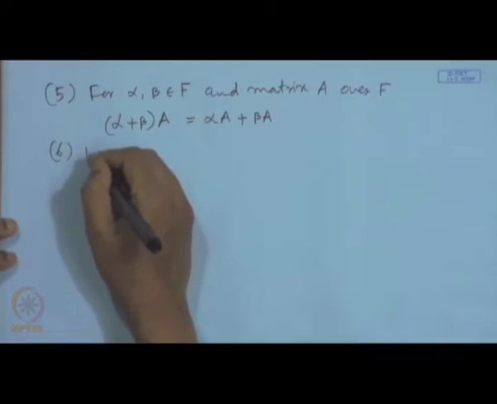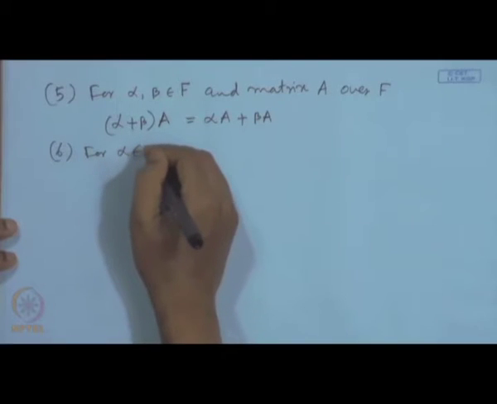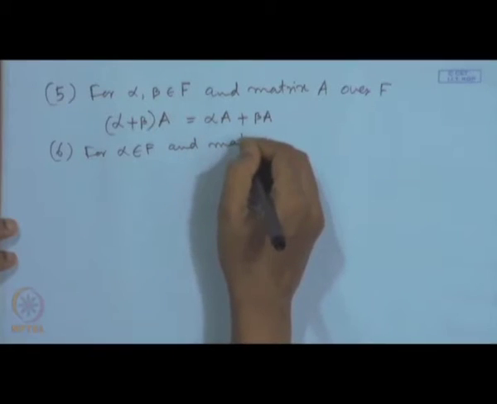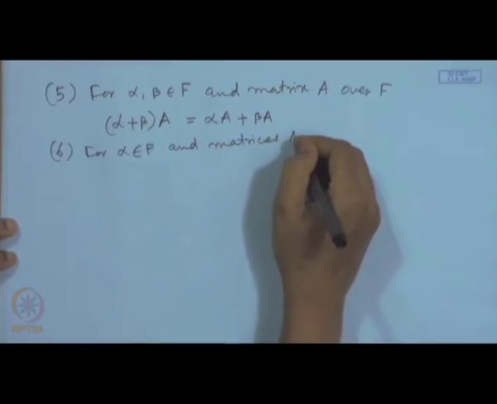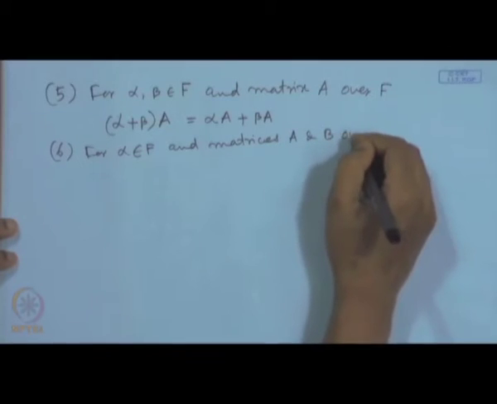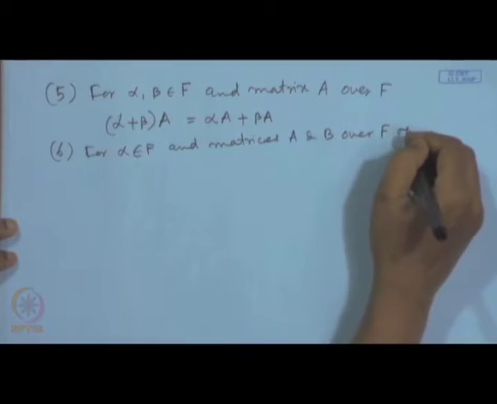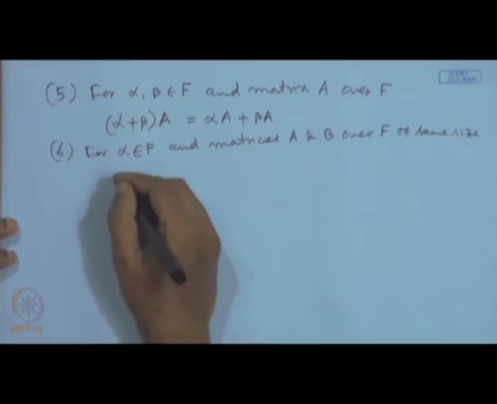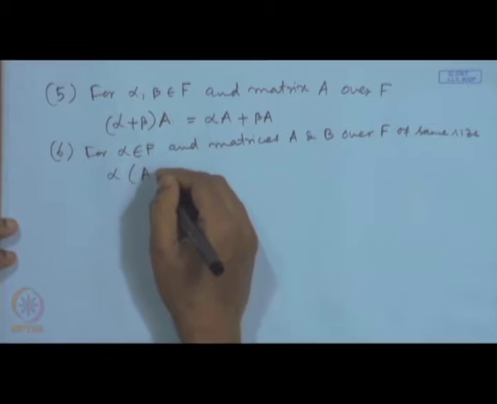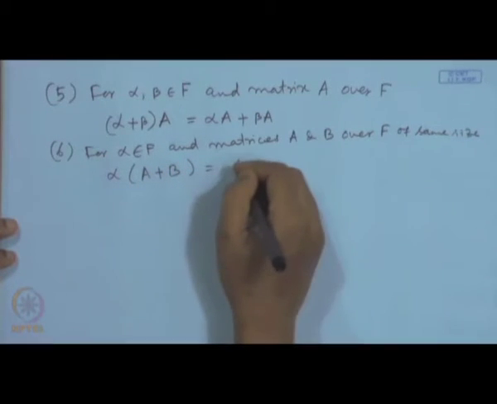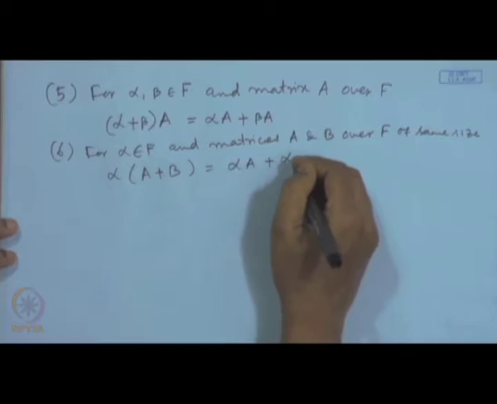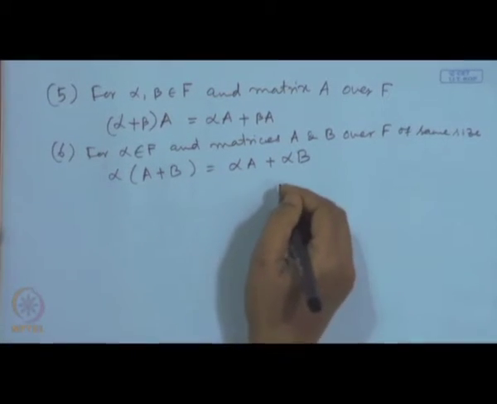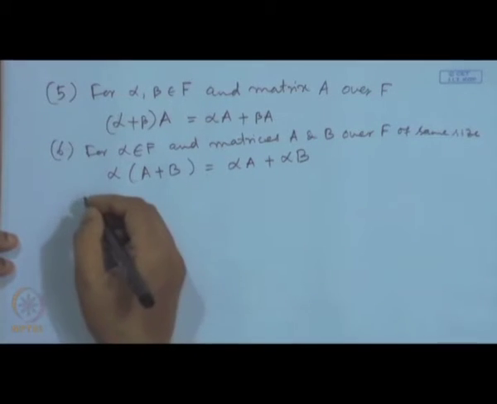and here for alpha in F and matrices A and B over F of same size, alpha into A plus B is equal to alpha A plus alpha B, or in other words this scalar multiplication is distributive over matrix addition.